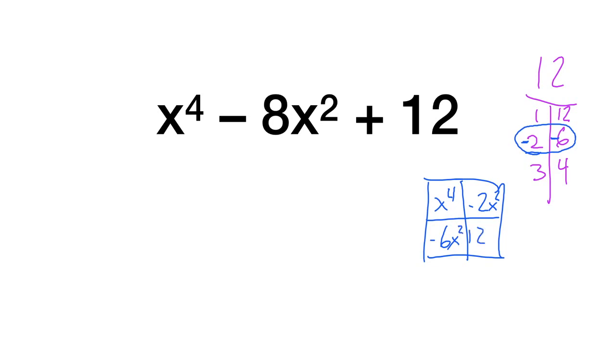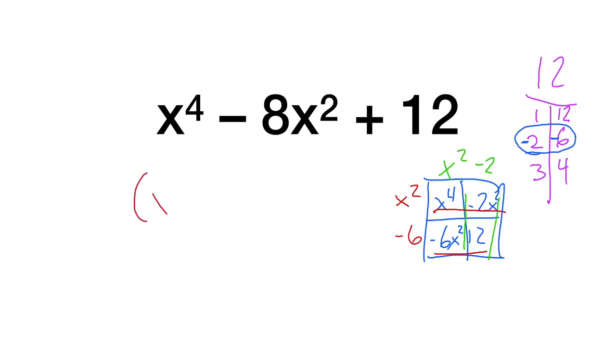So let's see. Greatest common factor between x to the 4th and negative 6x squared is x squared. Negative 2x squared and negative 12 is negative 2. And that's it. Now let's try our other one. Ooh, let's not use the same color as earlier. X to the 4th and negative 2x squared is x squared. Negative 6x squared and 12 is negative 6.